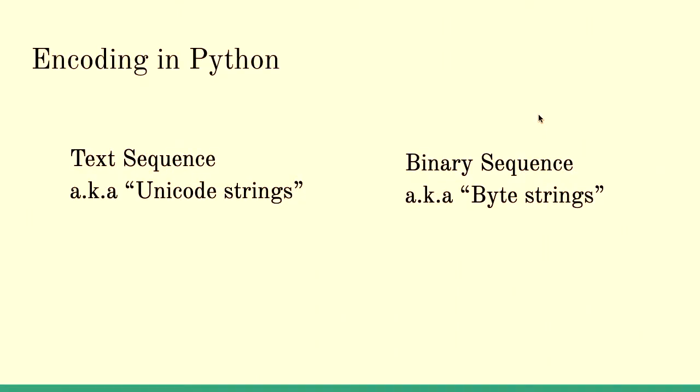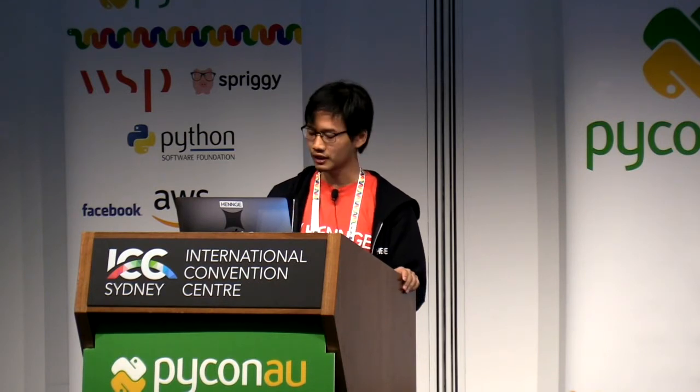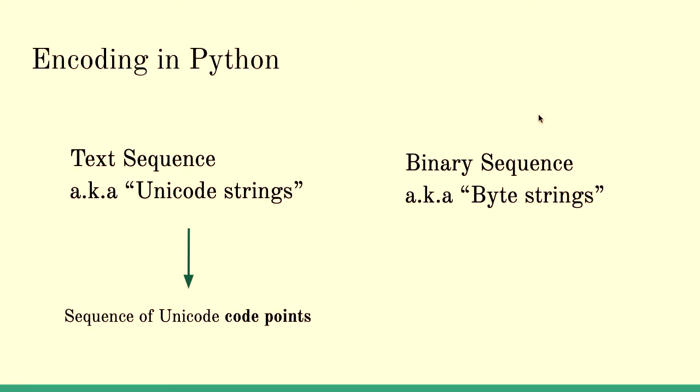So how do we do it in Python? In Python, as you already know, there are two types of strings. There are text strings or Unicode strings, and there are byte strings, which the documentation officially calls text sequence and binary sequence. What are these actually? The text sequence is a sequence of Unicode points.